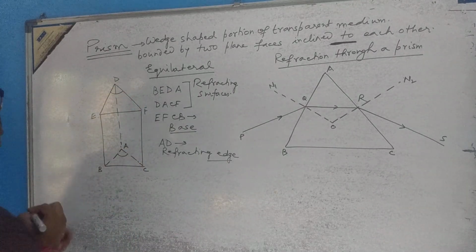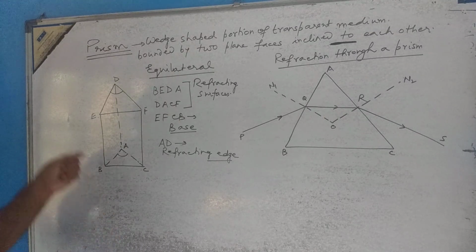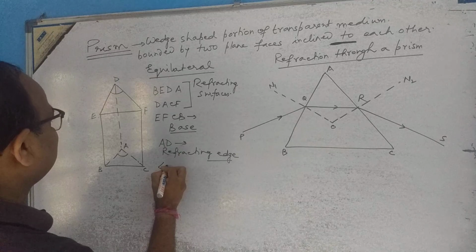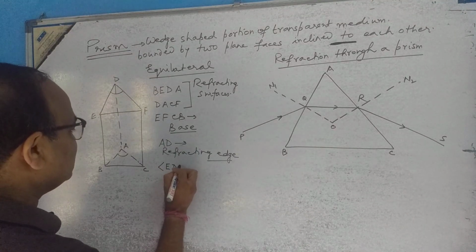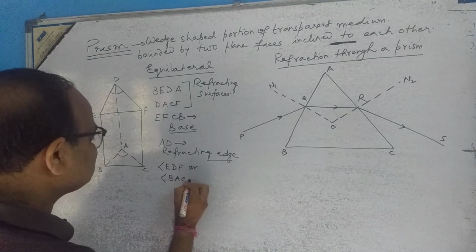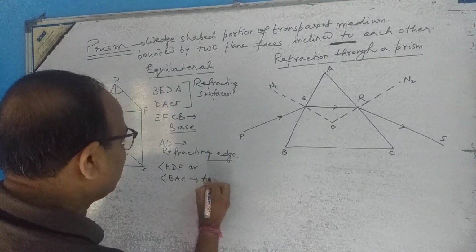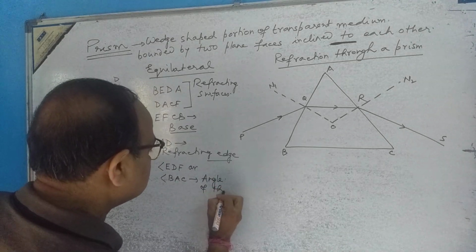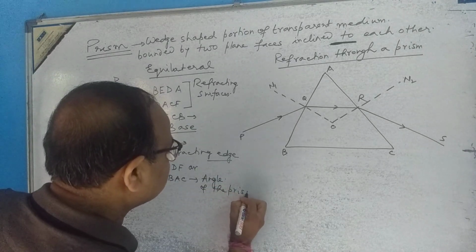And this angle, look, I have marked the angle, either angle EDF or angle BAC. These are known as the angle of the prism. What is the angle of the prism?